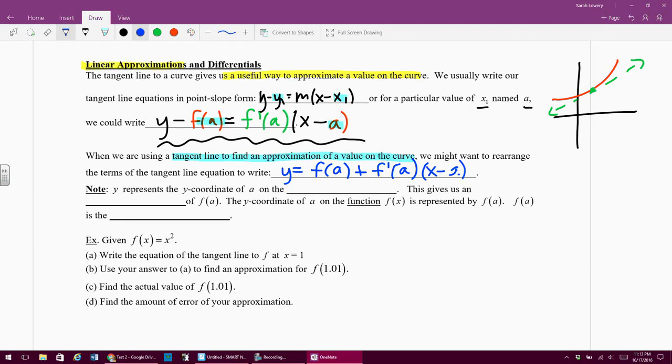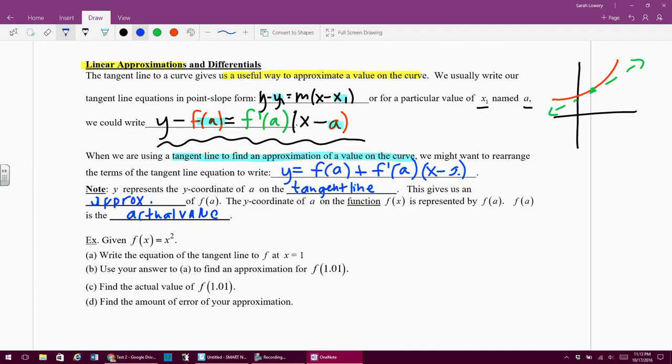So in this case, our y represents the y-coordinate on our tangent line, and this gives us an approximation of f of a. And the y-coordinate of a on the function is represented by f of a, and f of a is the actual value.